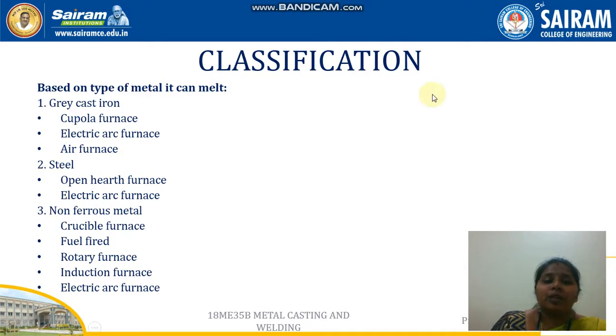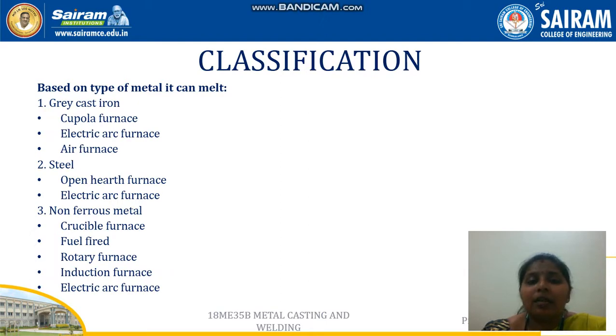The next topic is the classification of furnaces, first based on the type of metal they can melt. There are three types. One is grey cast iron, for which three types of furnaces are used: the cupola furnace, the electric arc furnace and the air furnace.